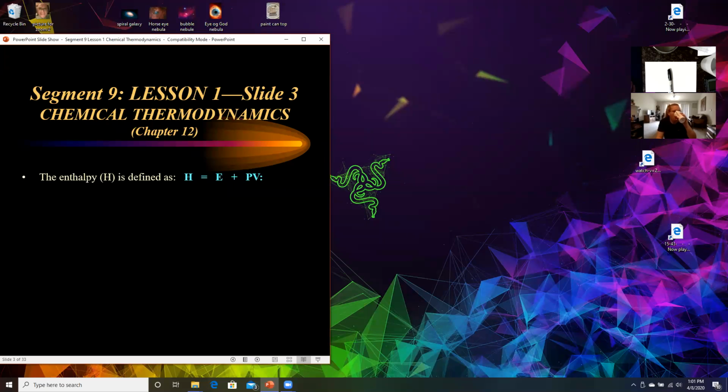So this PV product in a gaseous sample can be a significant amount of energy. So the enthalpy includes all of it. It includes the internal energy, plus the product of pressure and volume that we would use to get the energy because it's a gas. And this can be significant. That's the main reason we define the new function delta H. There's another reason I'll talk about in a minute.